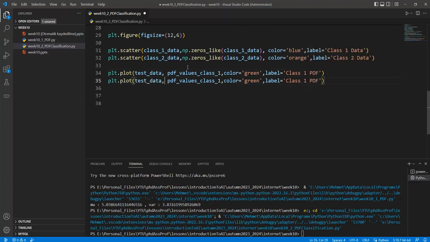And also class 2, with red and label class 2 PDF.